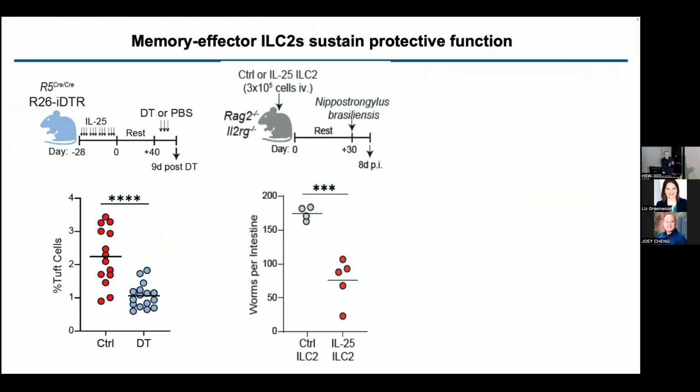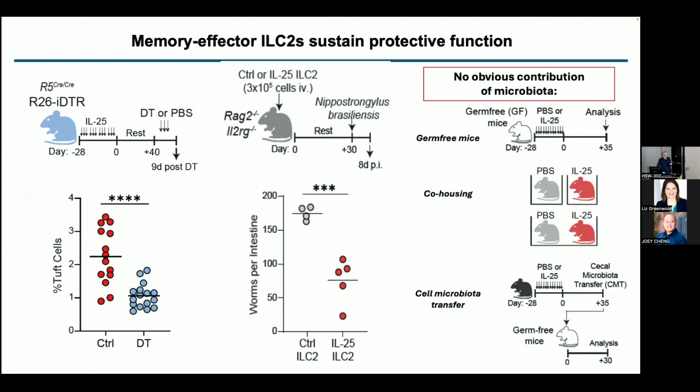They're being activated in situ by different inputs. If I was guessing, I would guess it's rewired neurons, as shown in experiments by Charles Zuker and others, and there's a lot of interest in the neuroimmunology field. And there's no obvious contribution of the microbiota, which we know changes in these animals with all the mucus out in the GI tract.